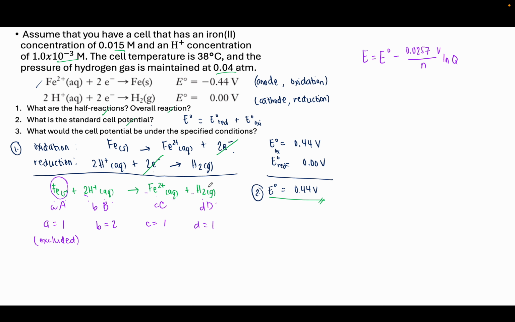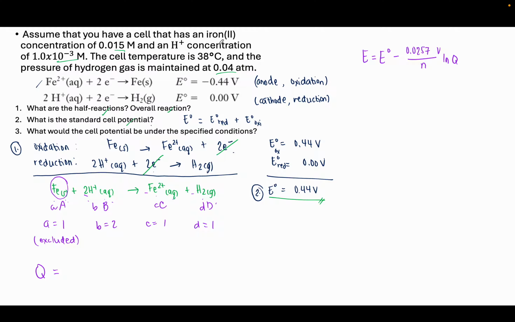So this time, let's write our equation. Q is equal to, so what will be our numerator? This will be C. The concentration of iron 2 is said to be 0.015. Did I say iron 3 earlier? I think so.